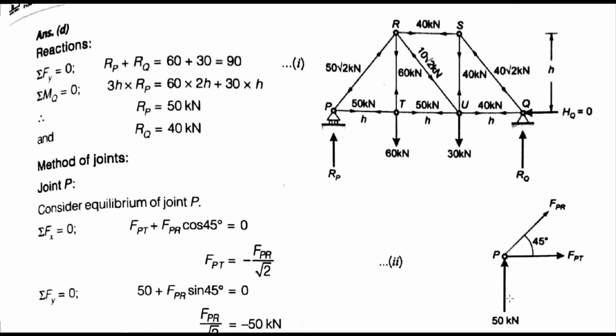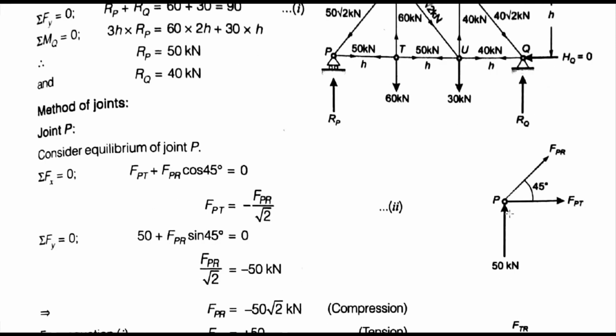So summation of Fx equal to 0 means FPR cos 45 plus FPT is equal to 0. This is our first equation, and for vertical, summation of Fy equal to 0 means 50 plus FPR sin 45 is equal to 0. From here, FPR is equal to minus 50 root 2 kilonewton.